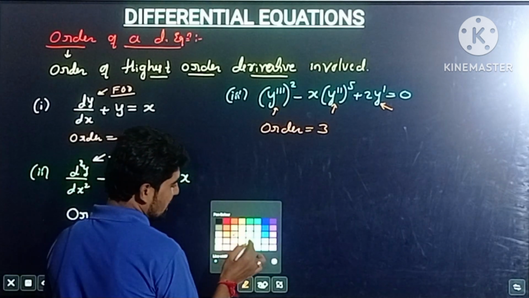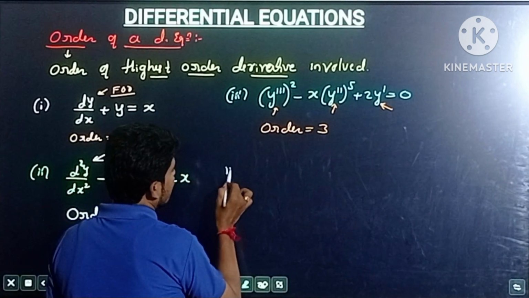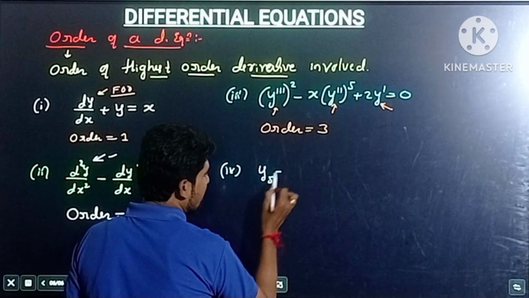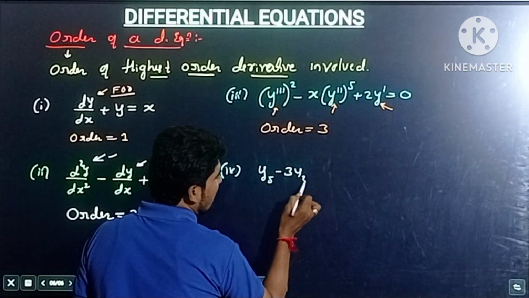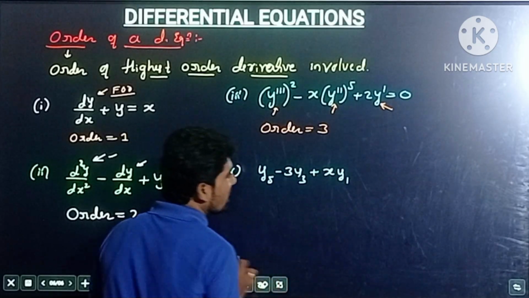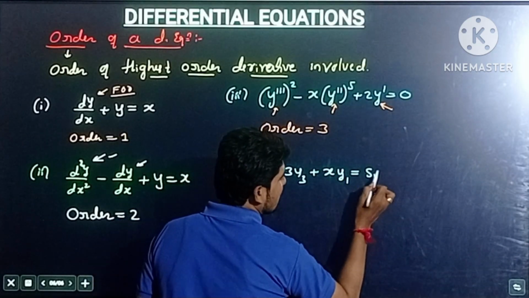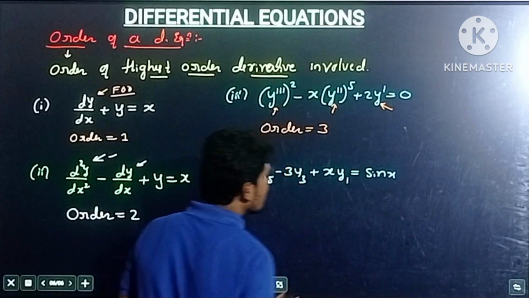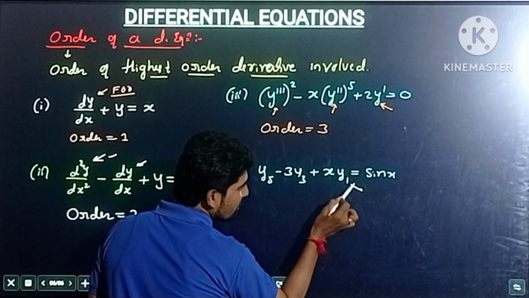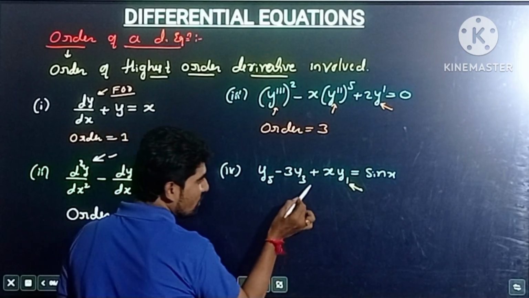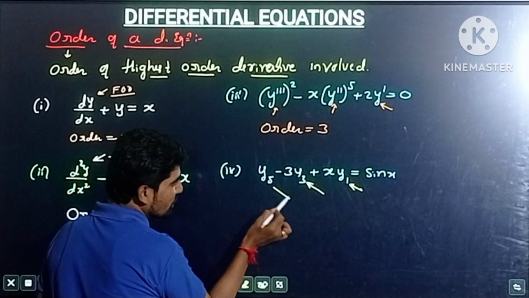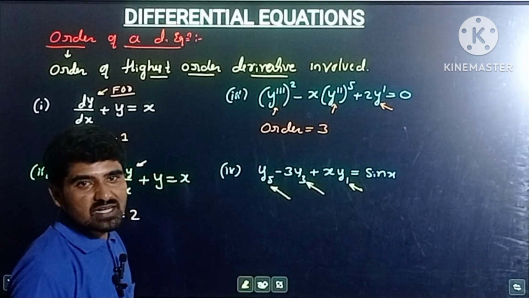Let us consider one more example. Fourth one: y5 − 3y3 + x y1 = sin x. Now observe this differential equation. In this differential equation, y1 the first order derivative, y3 the third order derivative, as well as y5 the fifth order derivative are involved.